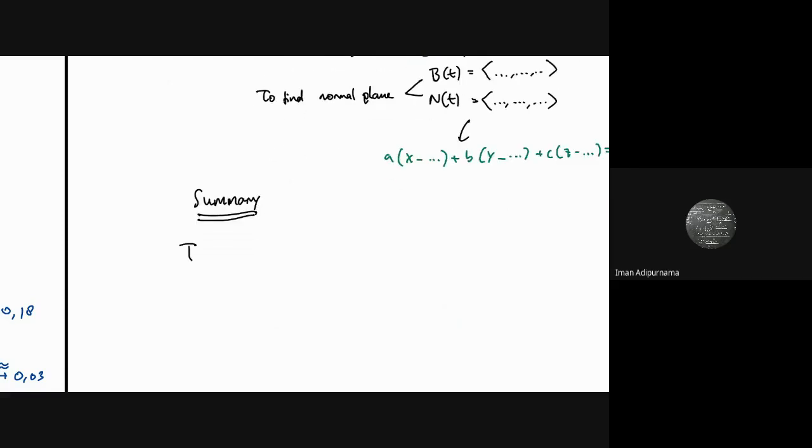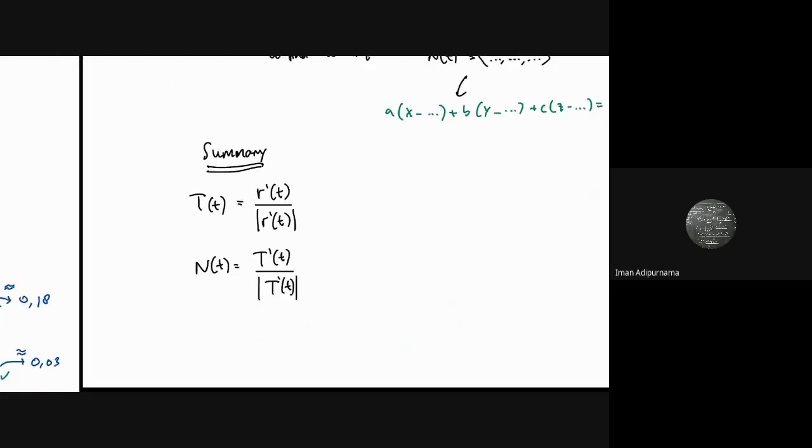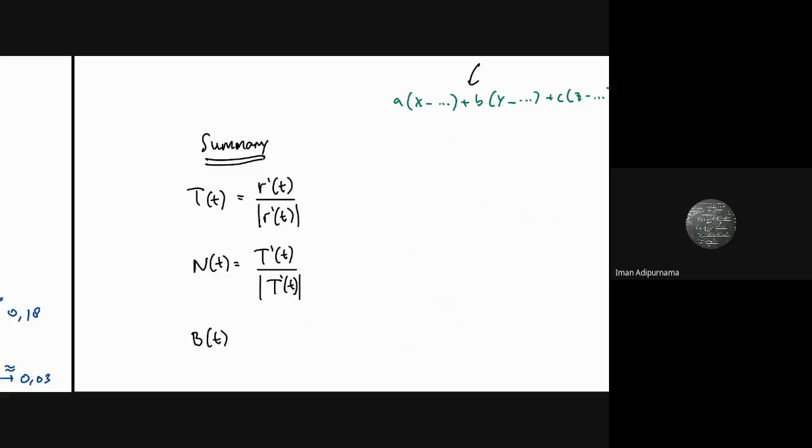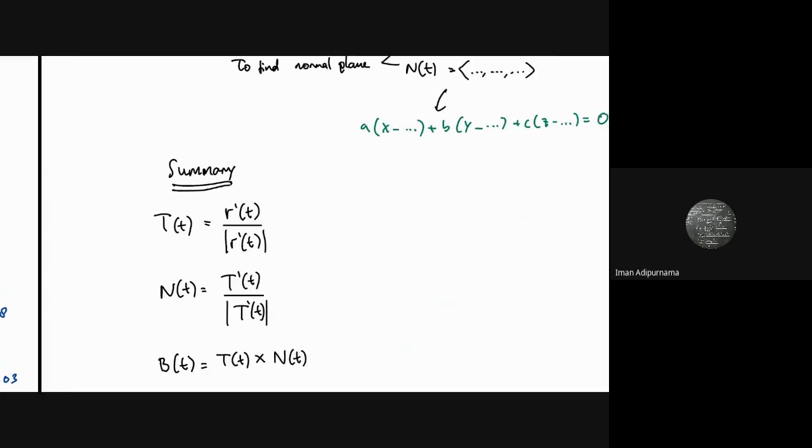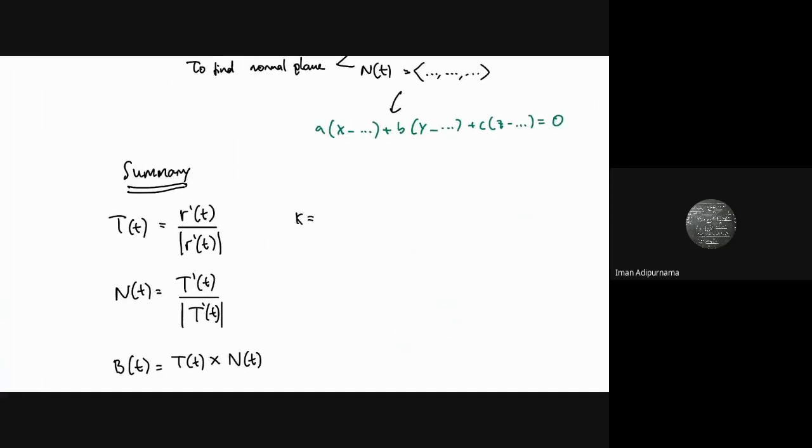First is the unit tangent vector, and you have the normal vector, and you have the binormal, and you have the curvature, right?